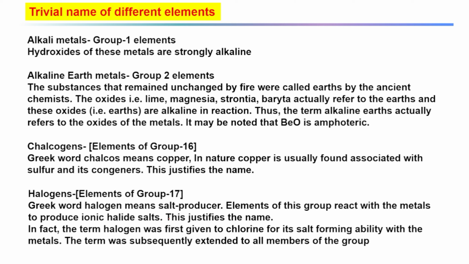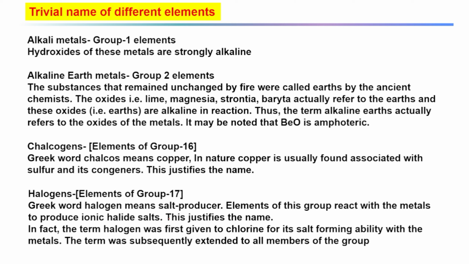Now group 2 elements are called alkaline earth metals. The substances that remained unchanged by fire were called earths by the ancient chemists. The oxides, that is lime, magnesia, strontia, baryta, actually refer to the earths, and these oxides are alkaline in reaction.